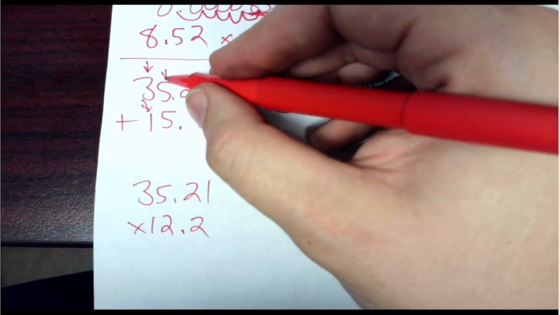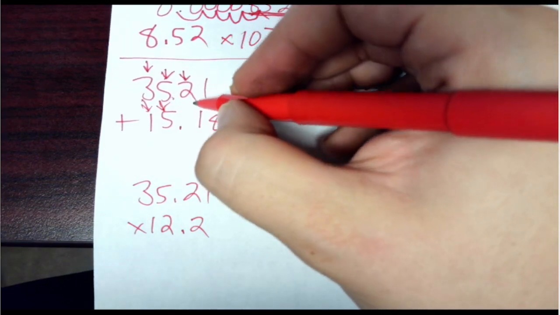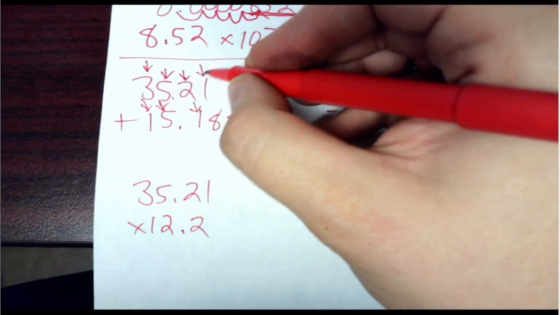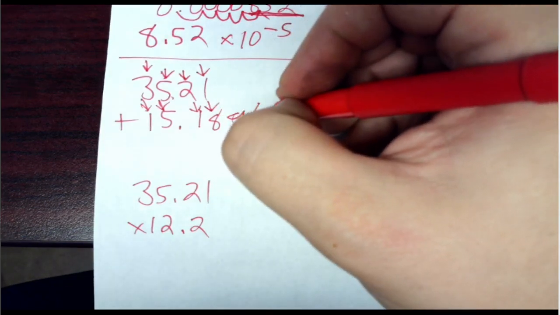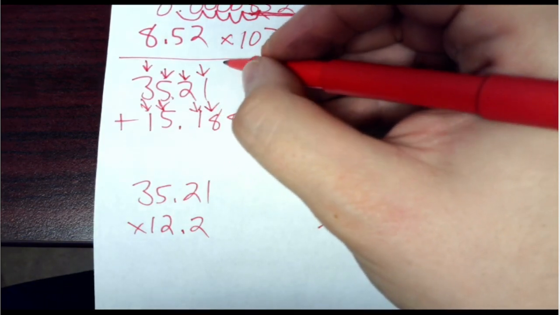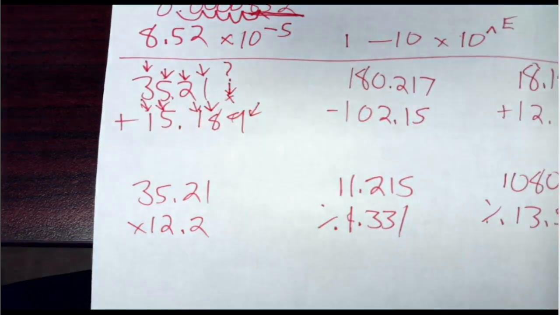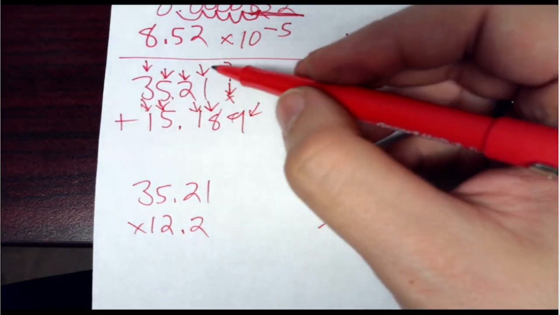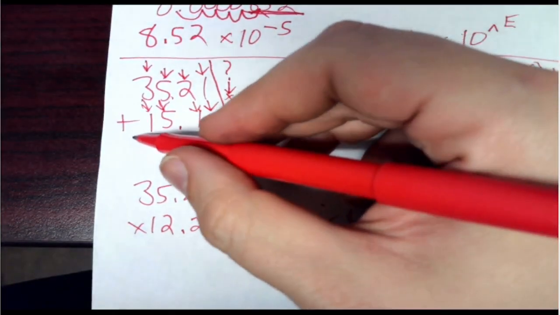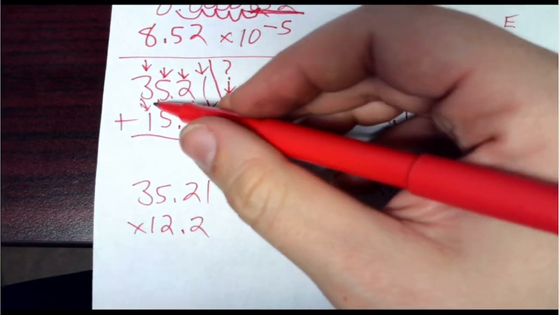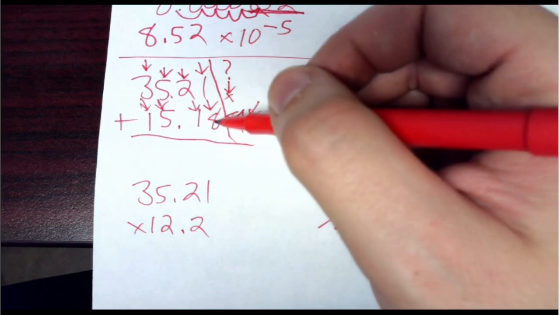I know this and this. I know this and this. I know this and this. I know that, but I do not know this place. So when I'm lining this up and doing my math, I'm keeping only the position where I know both answers.